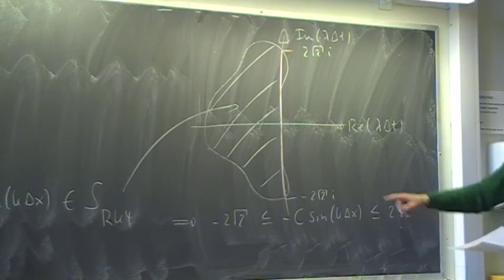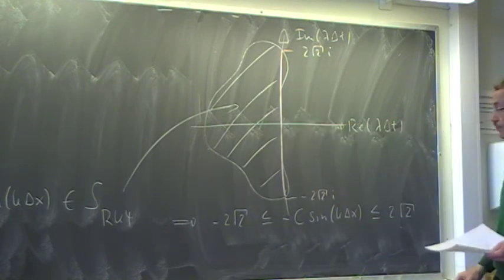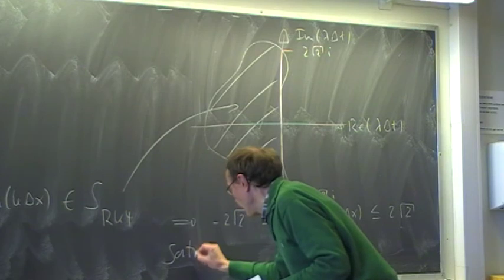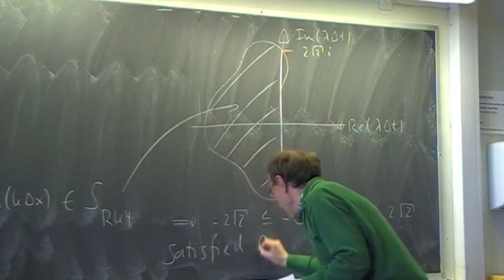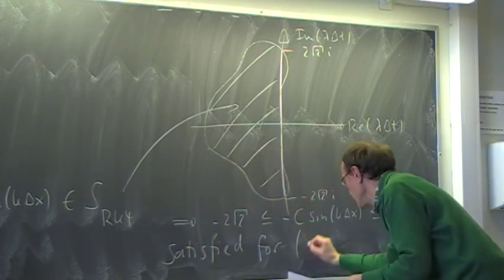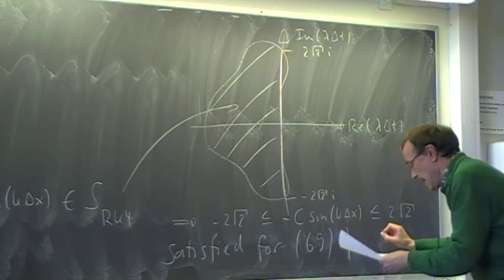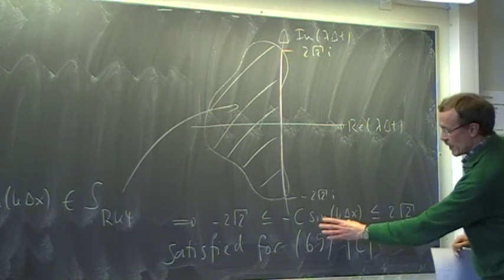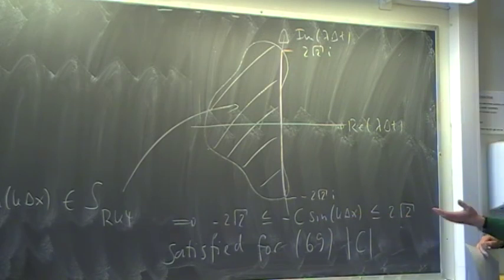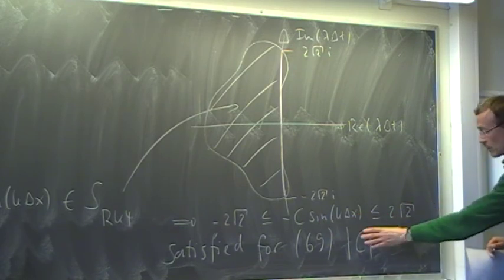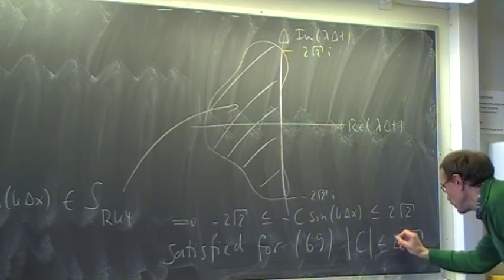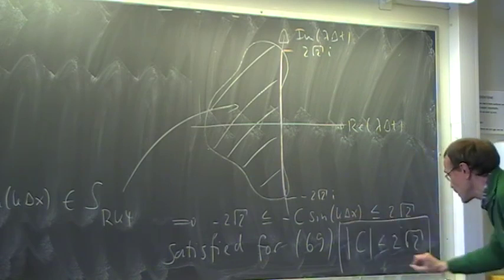It's imaginary, therefore it has to be somewhere there. And that is satisfied for the stability condition 69, absolute value of the Courant number. You see that the sine is at most 1. So if we have that smaller or equal to 2 square root of 2, then this will be satisfied.